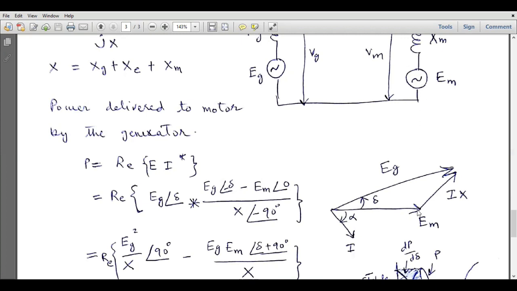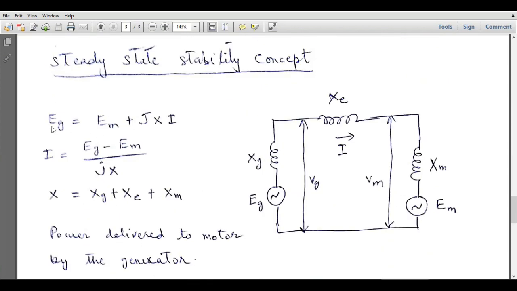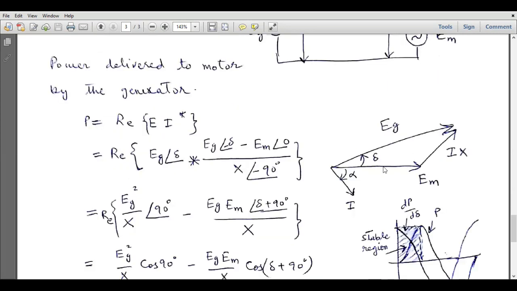So this is our Em, and this is the voltage drop across all the inductive components. So that is equal to IX, and the vector sum of Em and IX will be equal to Eg according to this expression. So Eg is equal to Em plus jIX. So their vector sum will be equal to Eg, and this is the angle delta of Eg. Em has zero angle, and I is lagging behind Em by an angle of alpha.